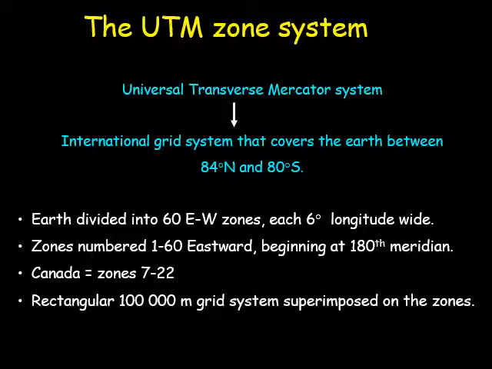Each of these zones is a rectangular 100,000 meter grid system, superimposed onto the zones. For each of the map systems, you first of all have to know which zone you are in, and then you have to know from which direction you start measuring the meters from a certain reference.